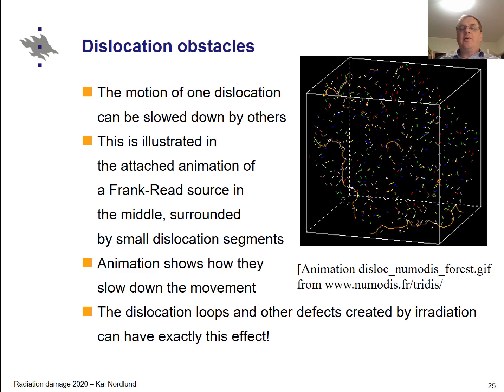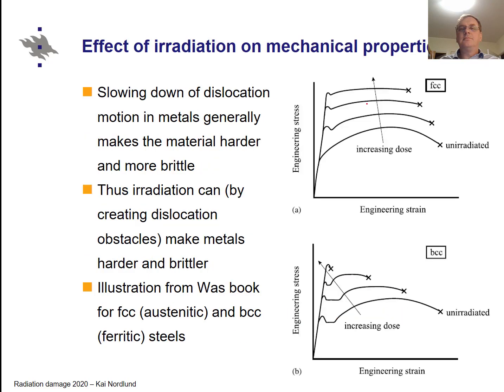And this starts to be already related to radiation effects, because dislocation loops and other defects created by radiation can have exactly this effect. And this leads to the fact that irradiation has a big effect on the mechanical properties of metals, because you create dislocations which then affect the dislocations that normally would be in the metal.